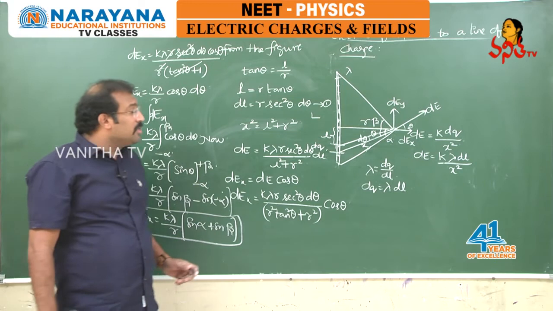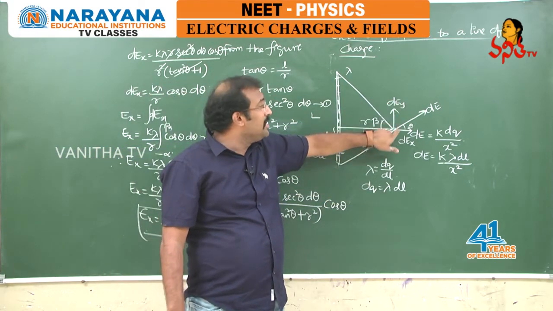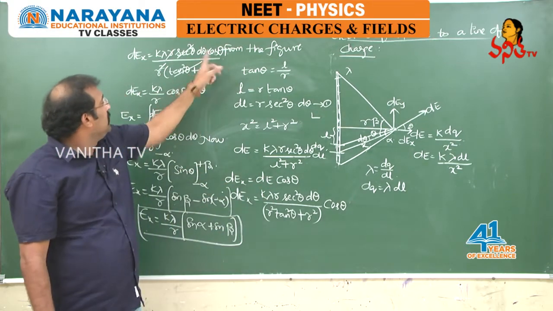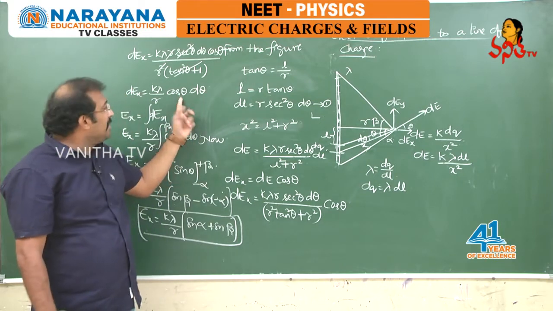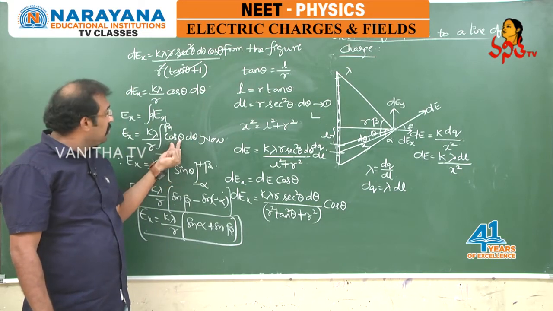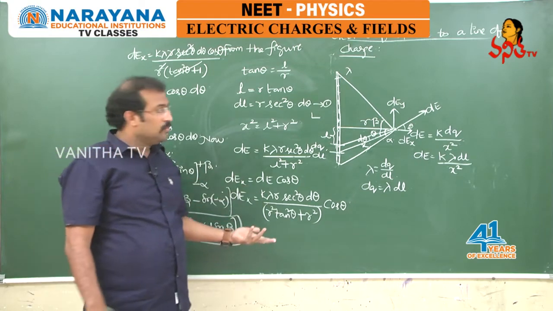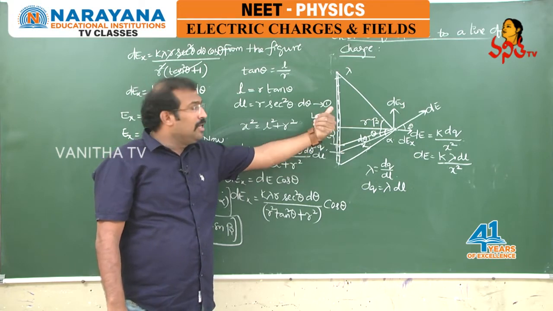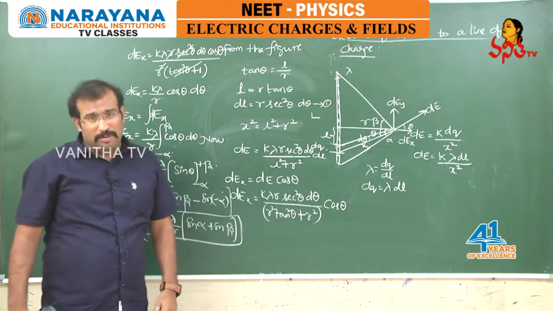Similarly, we can find out Ey also. Ey is dE sin theta. Everything is similar, except that in the place of cos theta we get sin theta. So we integrate sin theta and we get minus cos theta, from minus alpha to plus beta.